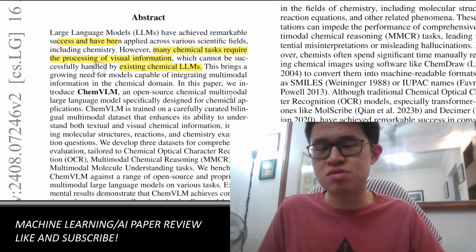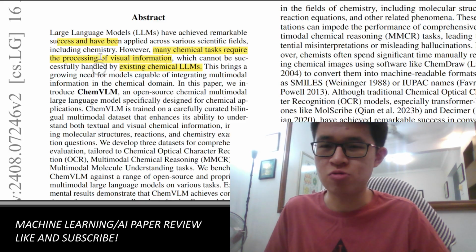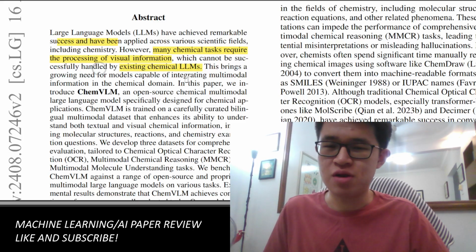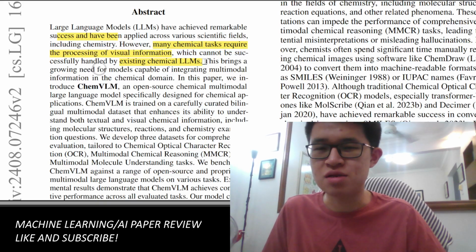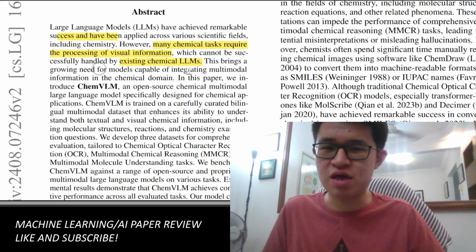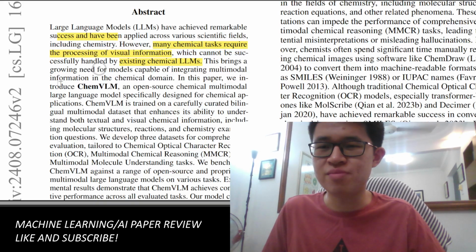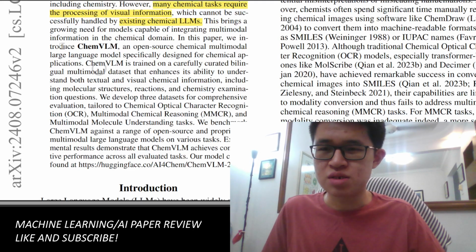Yeah, so something like GPT-4o is able to handle visual information, but I guess this is another attempt at it, a more specialized attempt. Okay, this brings a growing need for the capability of combining the multimodal information for chemistry. So they proposed ChemVLM, an open source multimodal model for chemistry tasks.